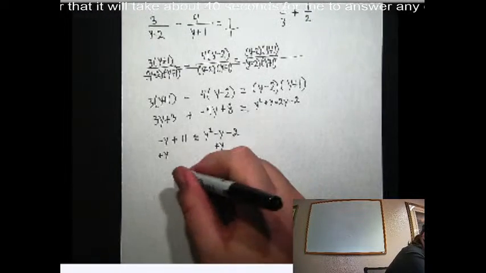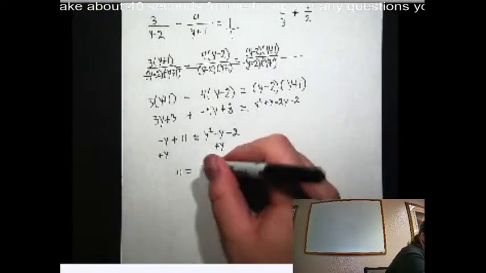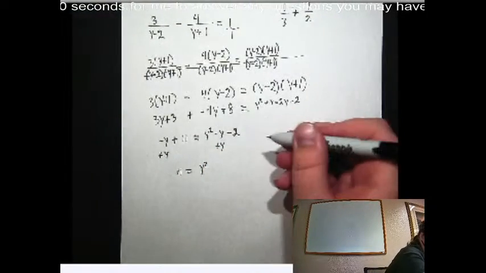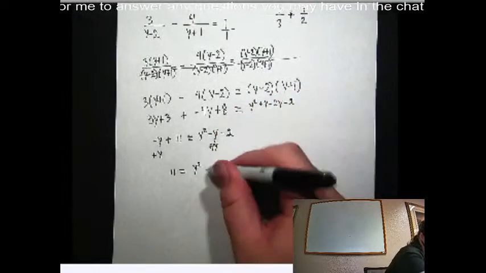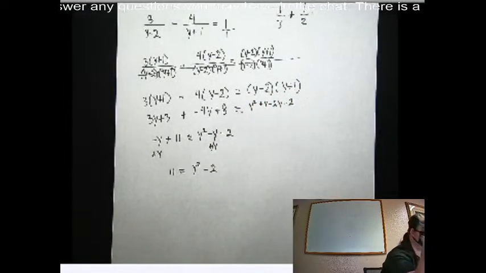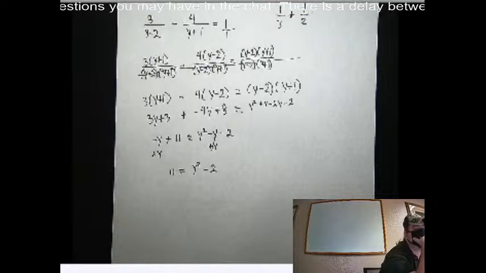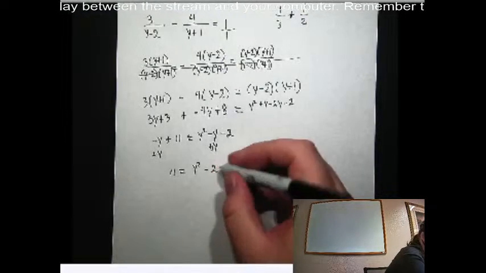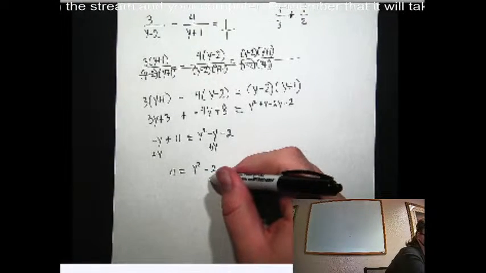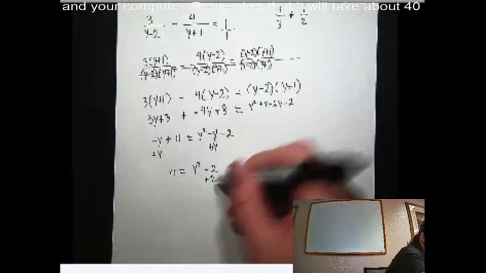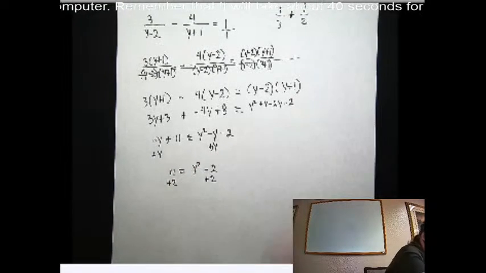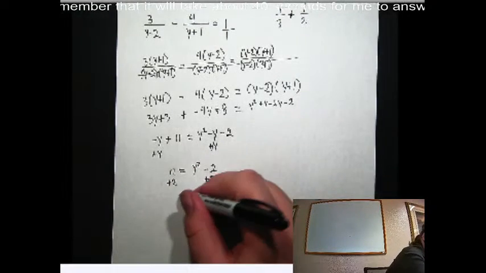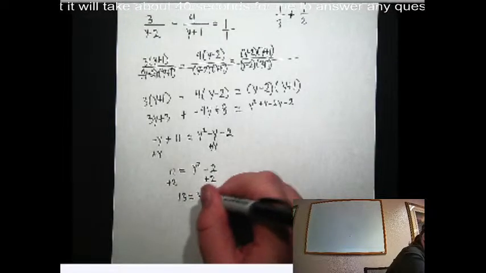What does that give us? 11 equals y squared, well that cancels, doesn't it? Minus 2. You know what, never mind. Let's actually go ahead and get the numbers to the other side. I'll show it to you that way. So plus 2 to both sides. So now we have 13 equals y squared.